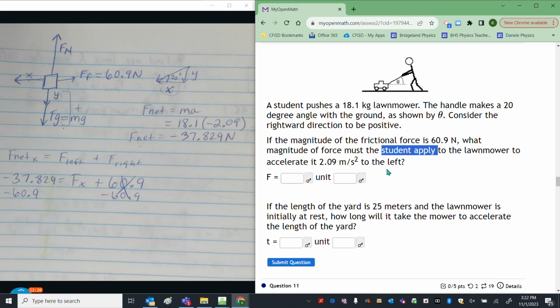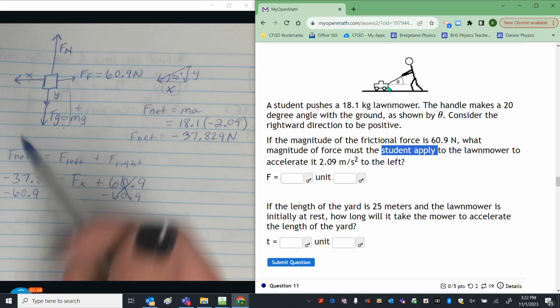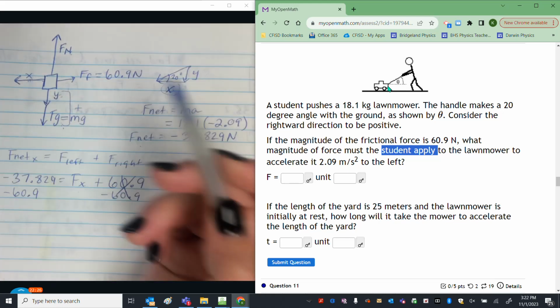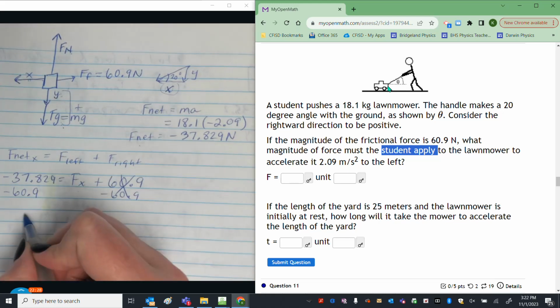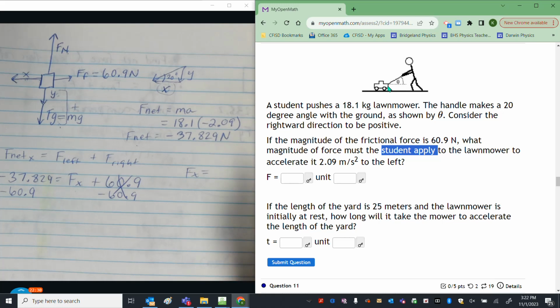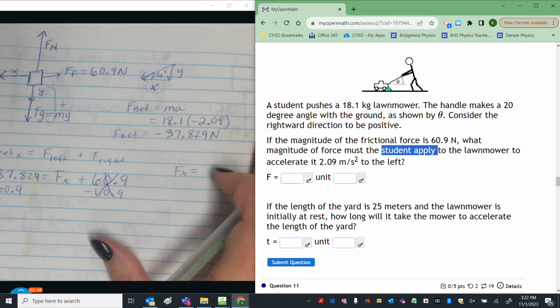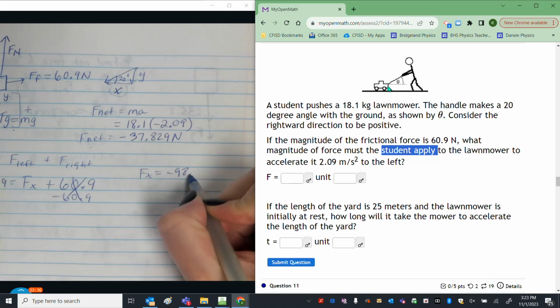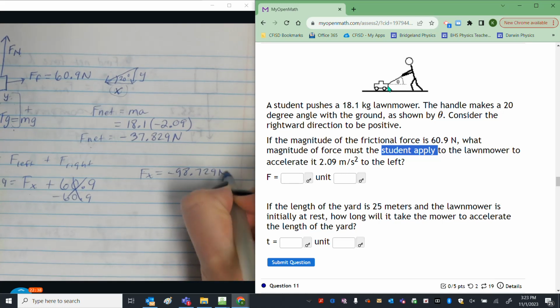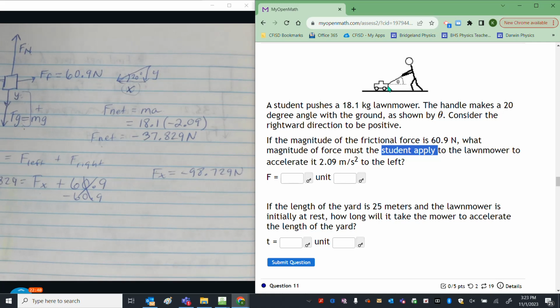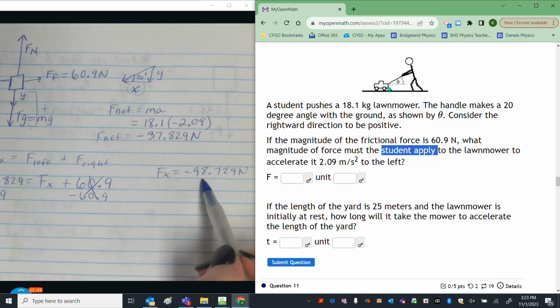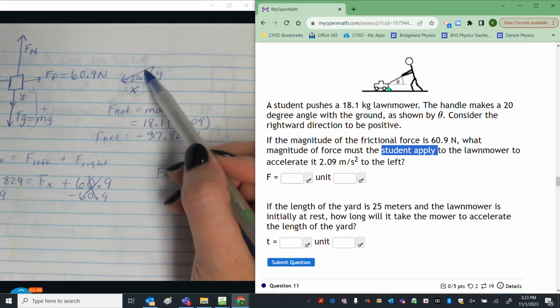So that would be the x component. That, by the way, is not the answer. That's not the applied force. That's at an angle. We just found this piece, the x component, which was again equal to negative 98.729. Now that we have that, we actually do have enough to solve for what the student's applied force is.